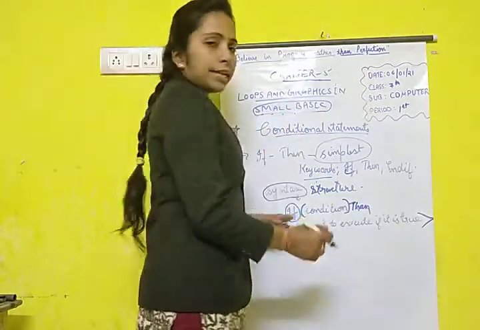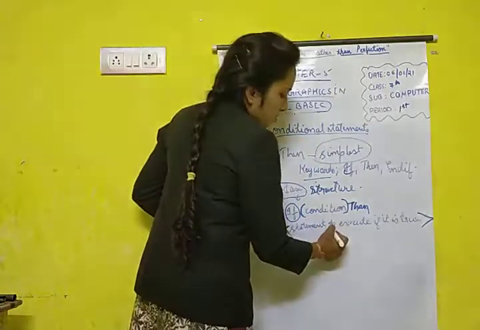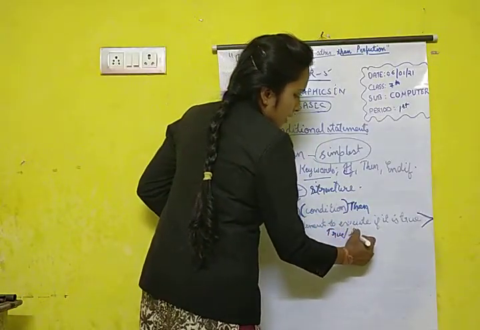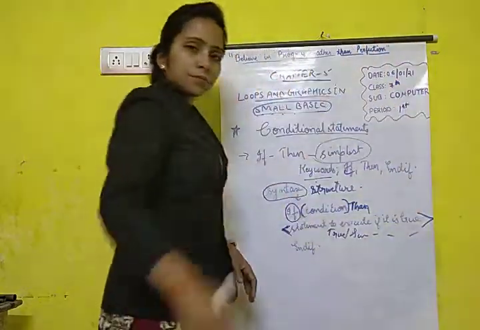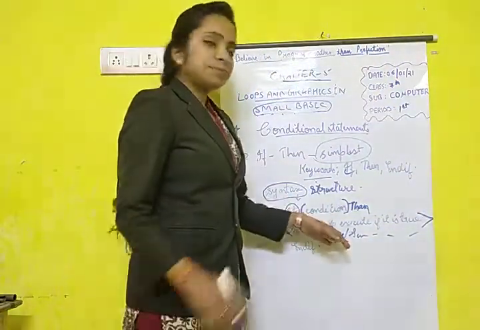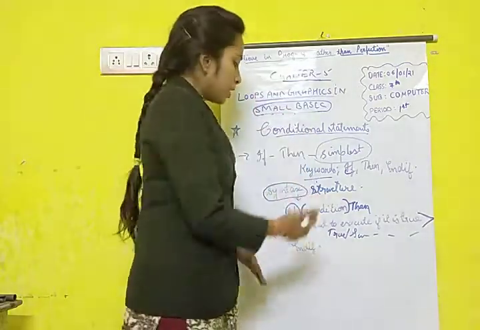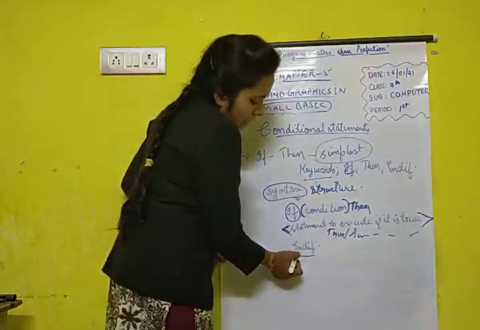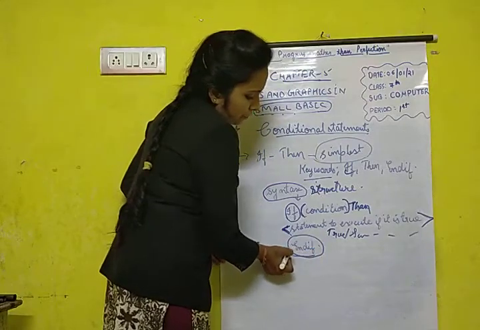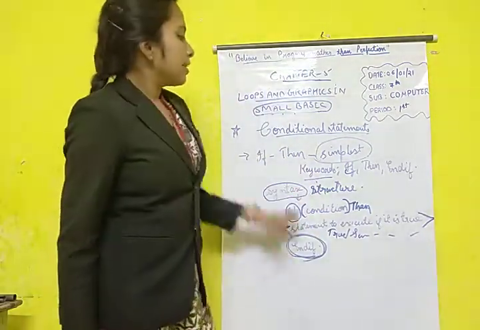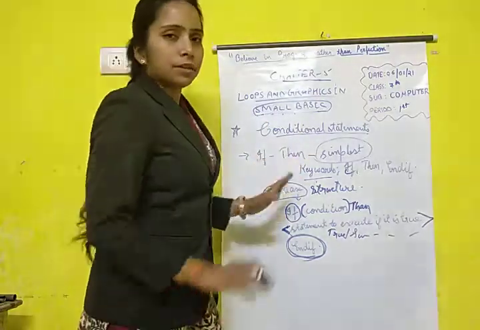Or the answer could be either you can write true or you can get sun rises in the east. So this will be the main statement and the answer or the result or the output. Then in the last we will write end if. Clear? This is the syntax of the if then statement. Over.